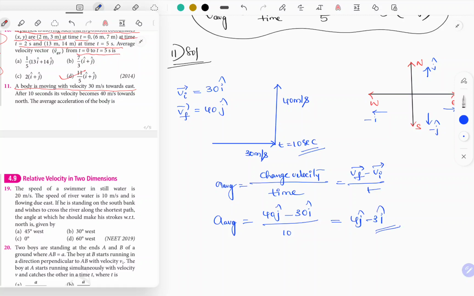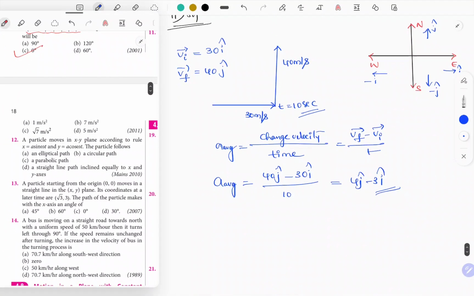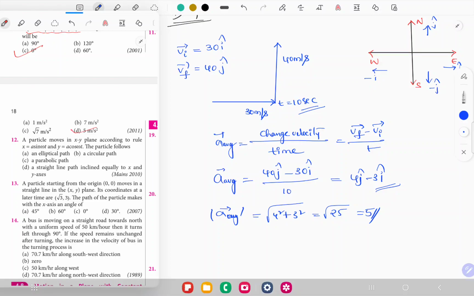This is the acceleration. They're asking the magnitude. So the average acceleration magnitude is equal to root of 4 square plus 3 square, which is root 25, which is equal to 5. Option D is correct.